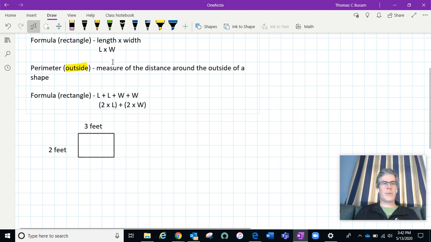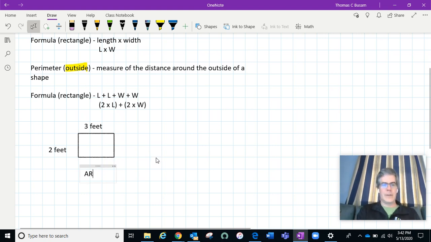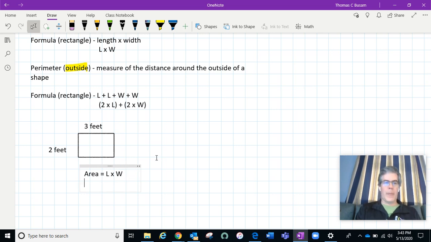So first of all, for area, we can see we've got 1, 2, 3, 4, 5, 6. So our area equals the length times width. And that is 3 times 2, which equals 6.